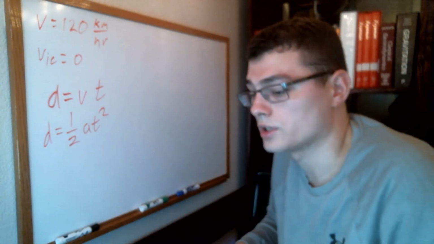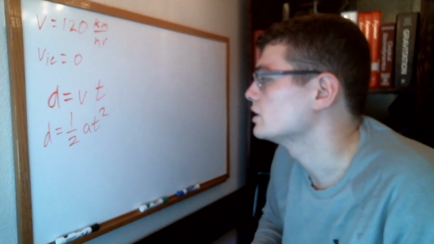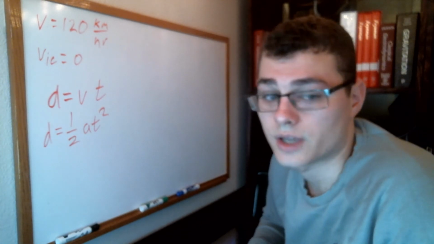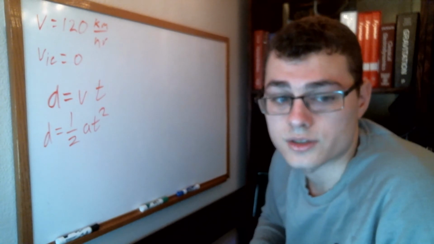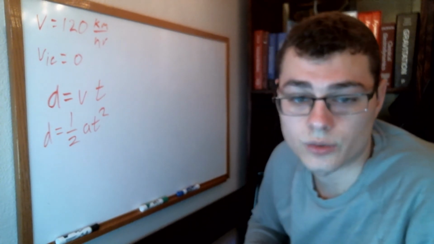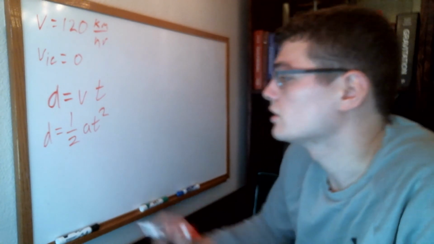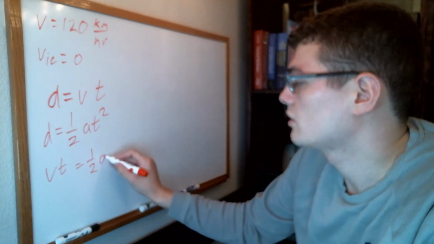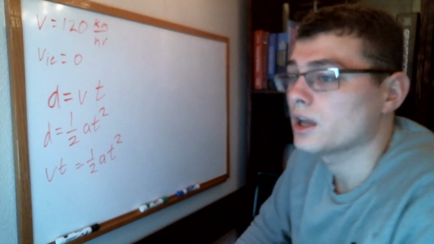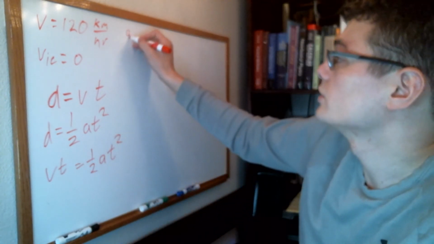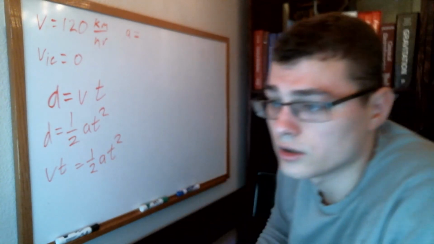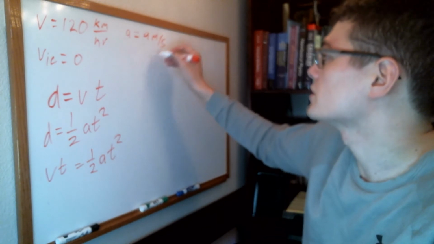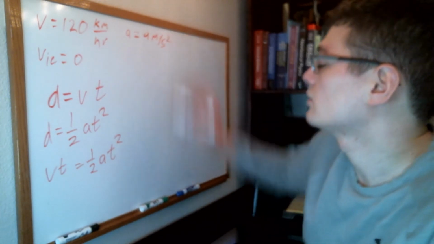What we can do here is set both these equations equal to each other, and that'll cancel out our d's. From there, we can solve this equation for t. So we're going to have vt is equal to 1/2 at squared, and we're going to give this police officer an acceleration of, let's say, 9 meters per second squared.